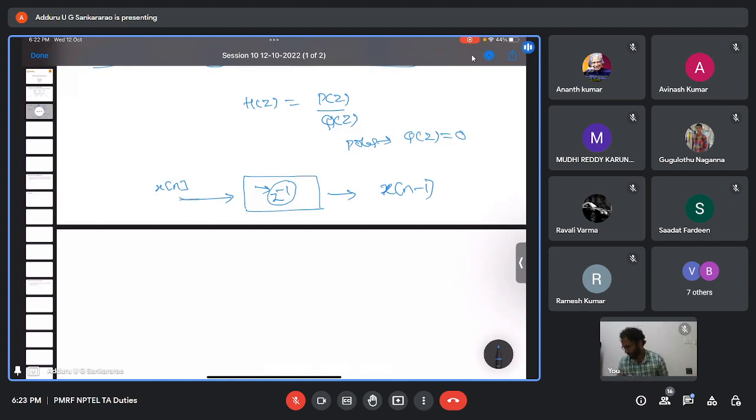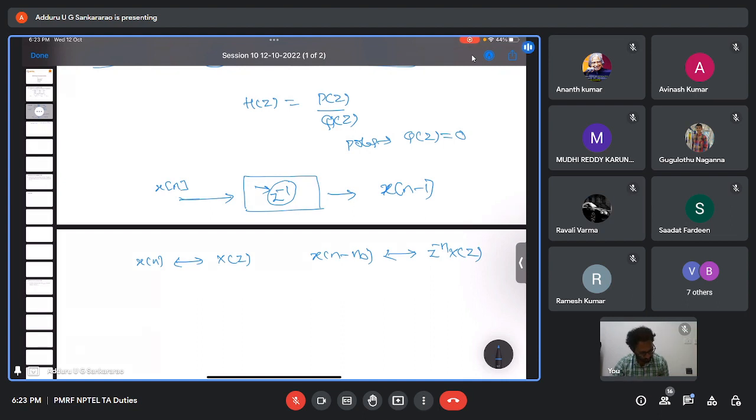You might have seen this property of z transform: if x of n has z transform x of z, then x of n minus n naught will have z transform z power minus n naught into x of z.